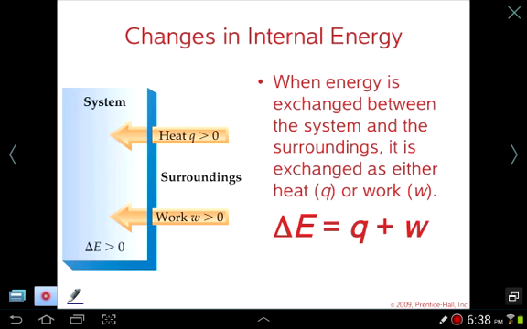So you can say the change in internal energy takes into account both the heat and the work. A chemical reaction usually releases a lot of heat, but if you have a combustion reaction, that releases heat and work, and we want to be able to take both of these into account. Some chemical reactions, there's really not much work going on, mostly heat, and some you've got both going on. But the change in internal energy has to consider both of these.